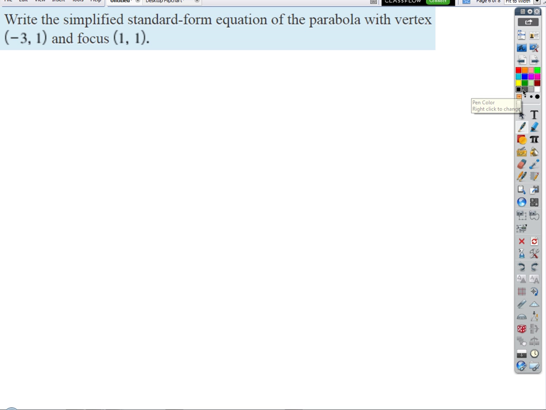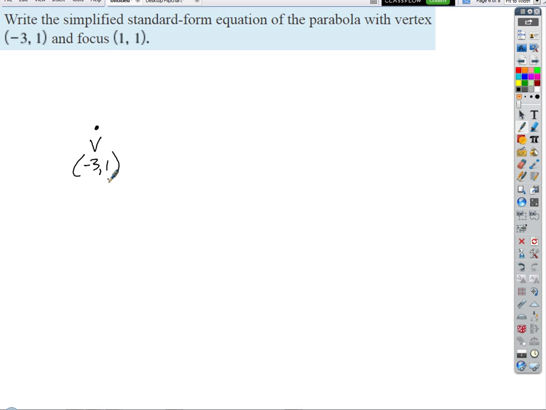So if the vertex is at negative 3, 1, so let's make this V, and the focus is at 1, 1. So you tell me, I could put this on the XY plane too.